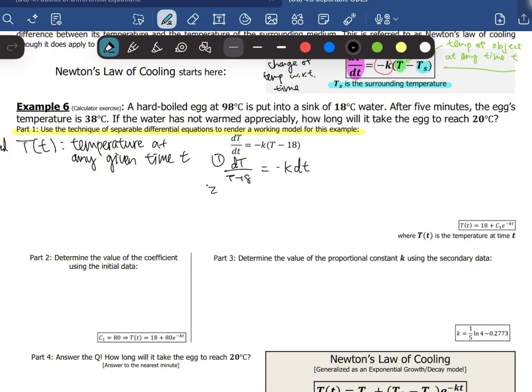The next step, I will integrate both sides. Business as usual. Oops, I already wrote dt. Evaluate the integral.